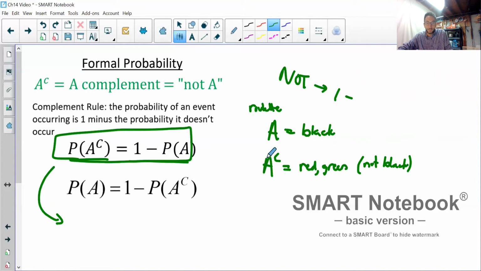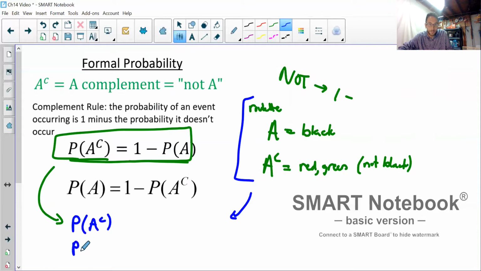For example, using the same roulette context, the probability of A complement, the probability the spinner is not black, can be calculated by 1 minus the probability of A, or 1 minus the probability that the spinner actually is black.